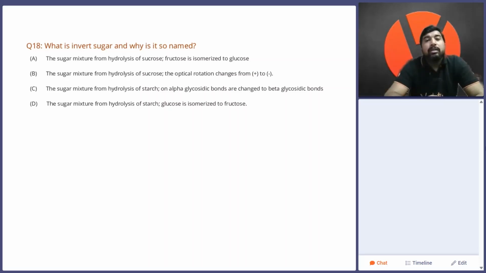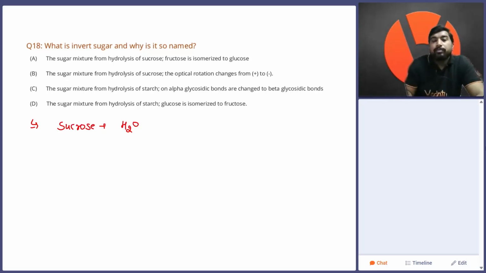What is invert sugar and why is it so named? Actually, sugar is sucrose. So when we hydrolyze the sucrose, it will convert into glucose plus fructose.